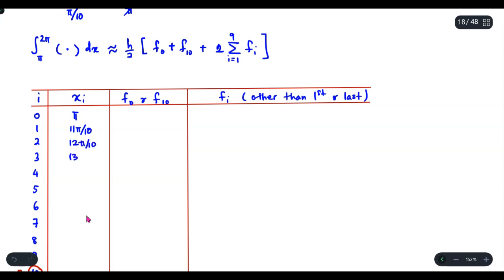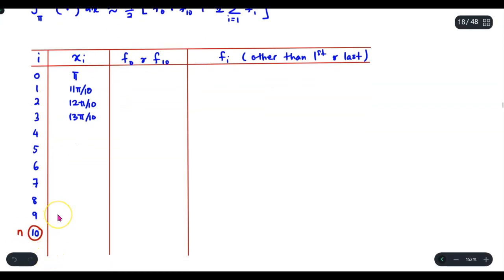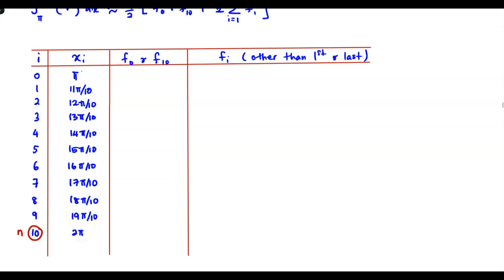So this is 13 pi over 10, and so on up to i equals 10. The last x is actually 20 pi over 10, but 20 over 10 can be simplified, so you should end up with 2 pi at the end.